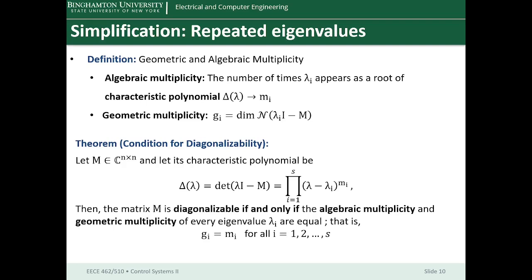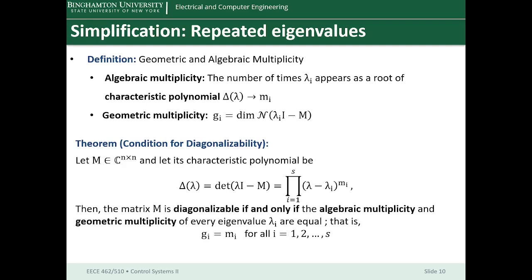But now we see that this is actually just a special case of a more general rule. In the general case, if for every eigenvalue the algebraic and geometric multiplicity are equal, then the matrix can still be diagonalized even if some eigenvalue is repeated.